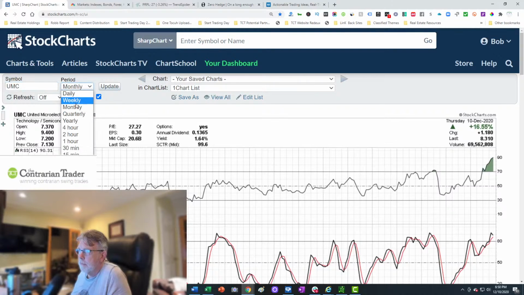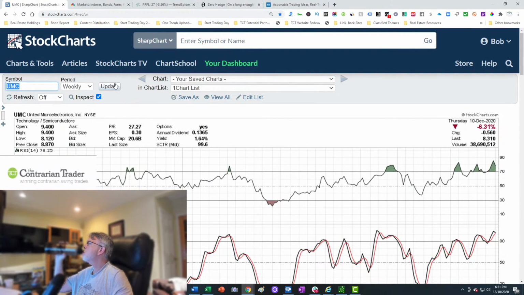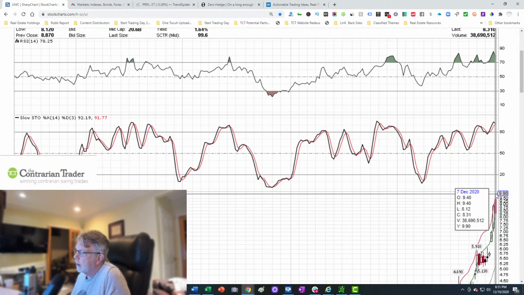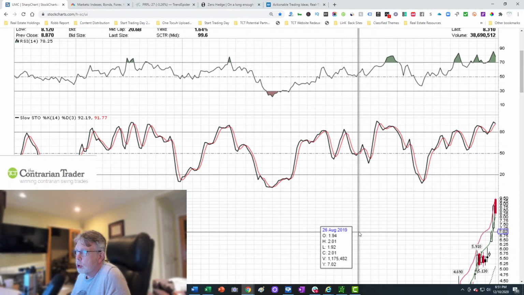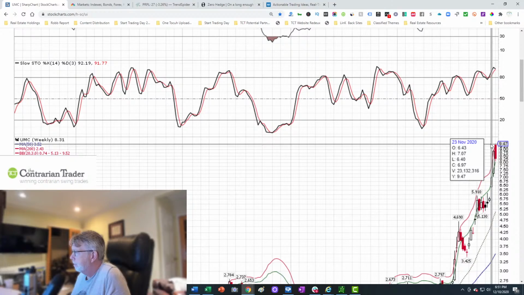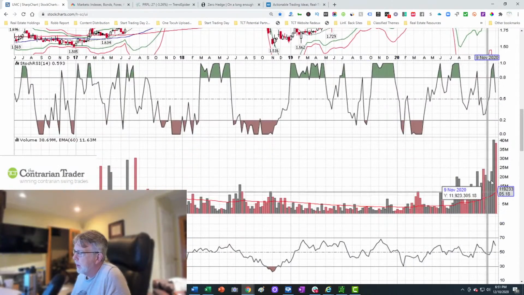Weekly chart. Whoa. Well, forget about the short right now. The opportunity was yesterday. It's going to come in. Big selling this week.